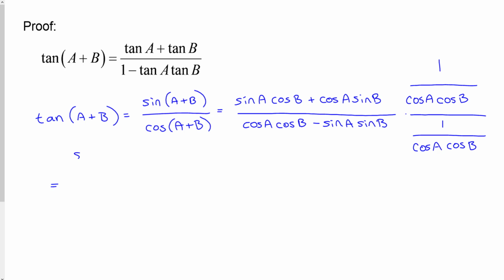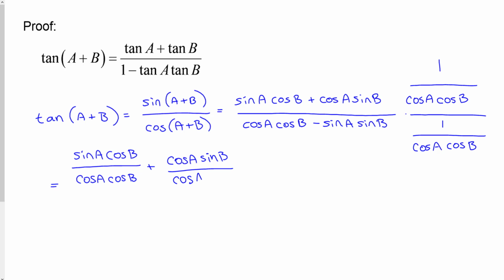So I'm going to have sine A cosine B over cosine A cosine B plus cosine A sine B over cosine A cosine B, and you have to be really careful about copying the right trig functions and variables and everything.